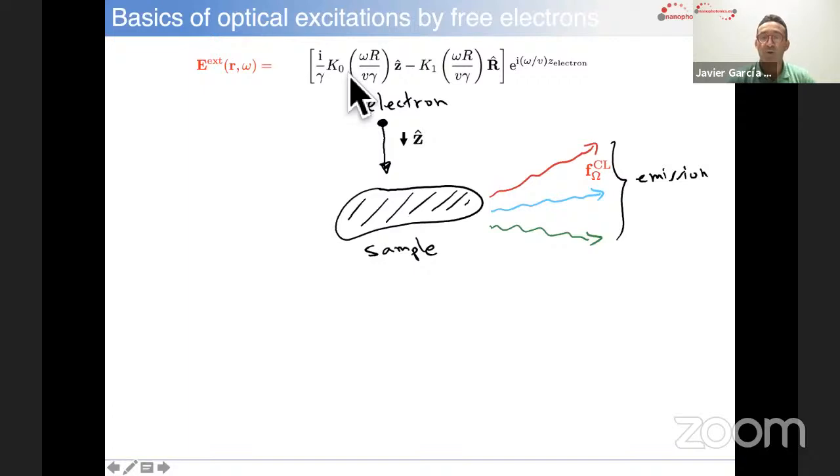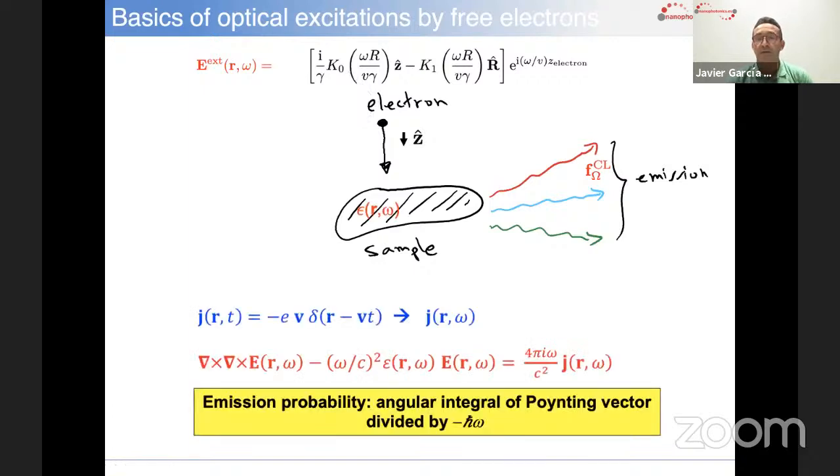So how do you treat this problem? You can use a very simple approach, which consists in describing the sample with a frequency-dependent electric function, depending also on position. In a more sophisticated model, you can do ab initio, and in general have the electric function that is non-local, depending on r prime.